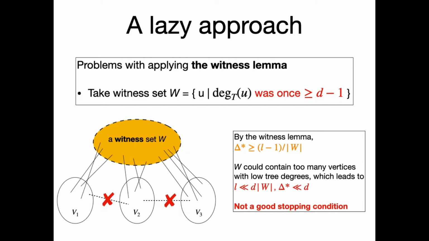Here, L refers to the number of tree components after removing set W. Unfortunately, this set W could contain too many vertices with low tree degrees, and therefore the number of components L could be much smaller than d times |W|. And so we cannot relate delta star to this parameter d.